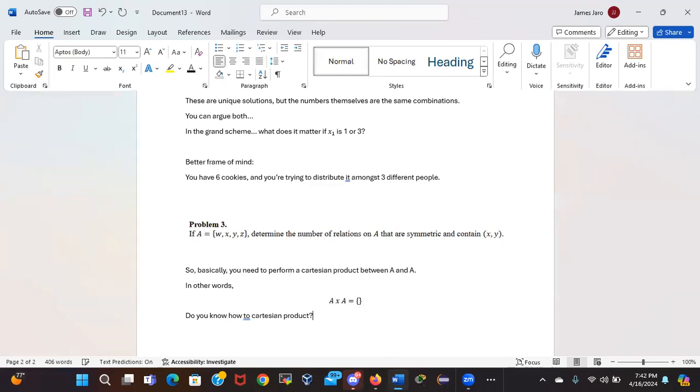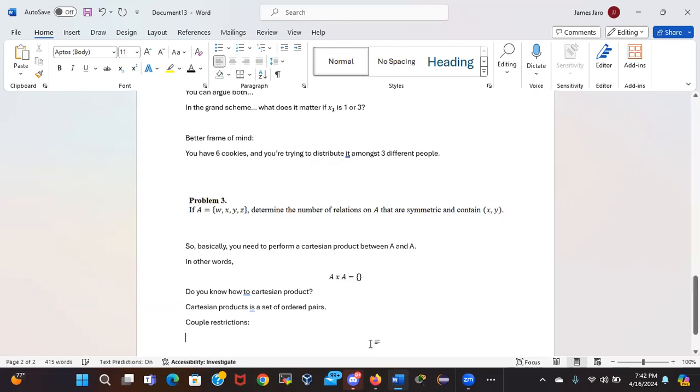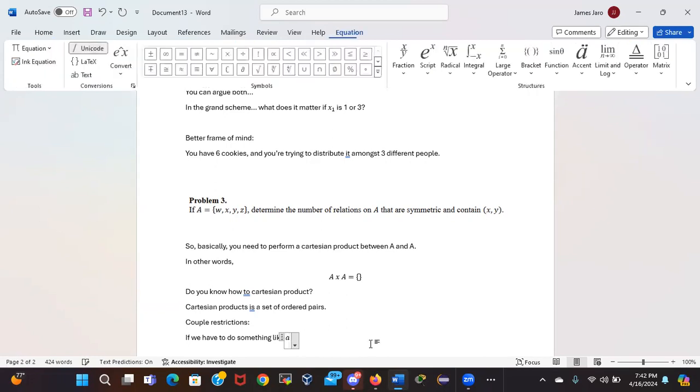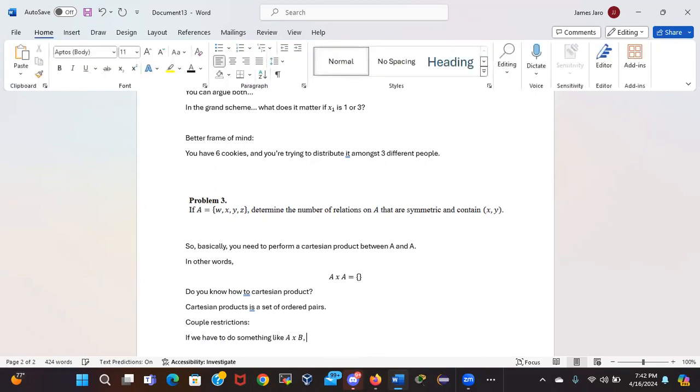But more specifically, remember a Cartesian product is a set of ordered pairs, essentially. Does that make sense? There's a couple of restrictions on this. If we have to do something like A cross B, then your x coordinate comes from set A, and your y coordinate comes from set B.